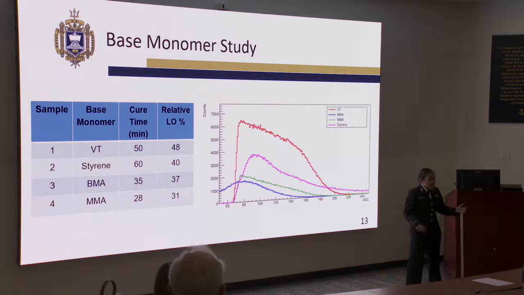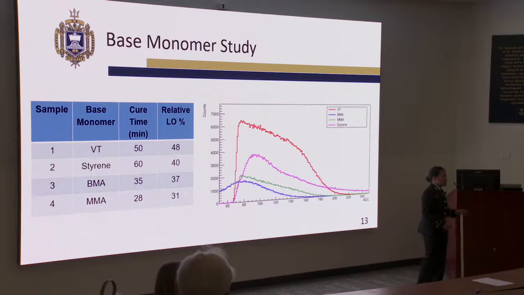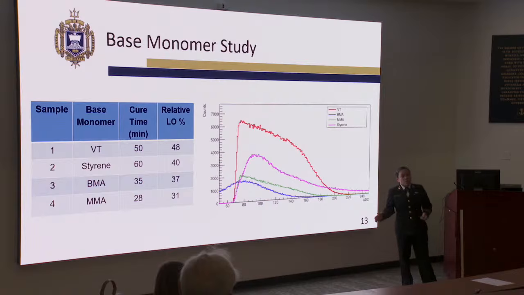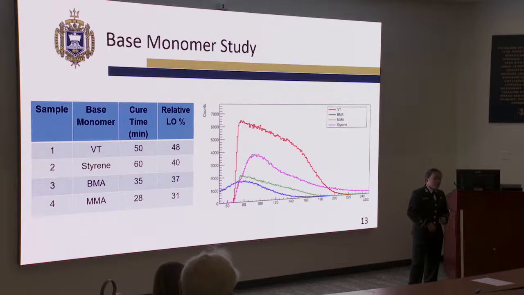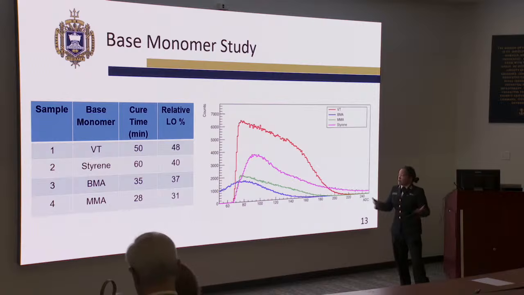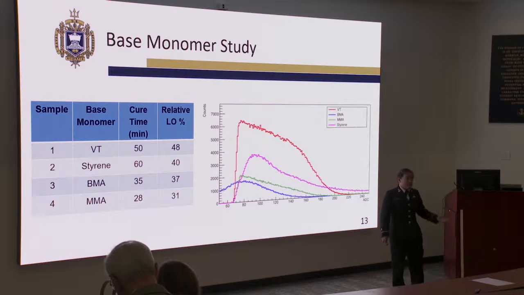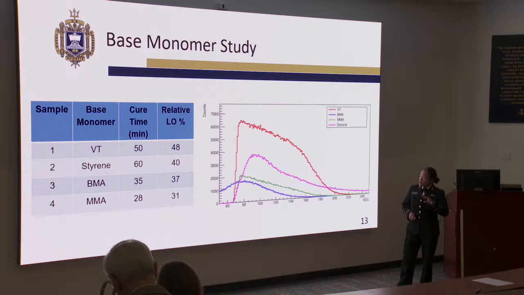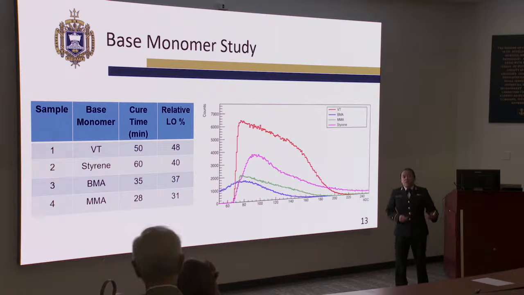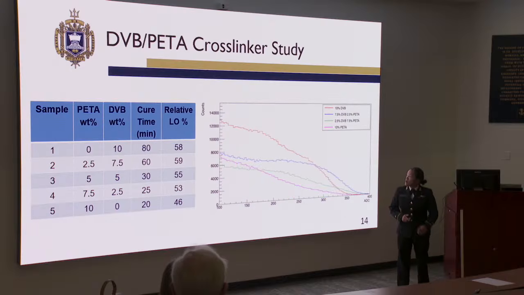And again, the acrylates have a very fast polymerization time, but have a lower relative light output. We chose to move forward with vinyl toluene. It had the highest light output, and we wanted to have a preference towards that, because what we can do is add crosslinkers to enhance that polymerization time. So we chose VT and didn't look further into styrene, BMA, and MMA.